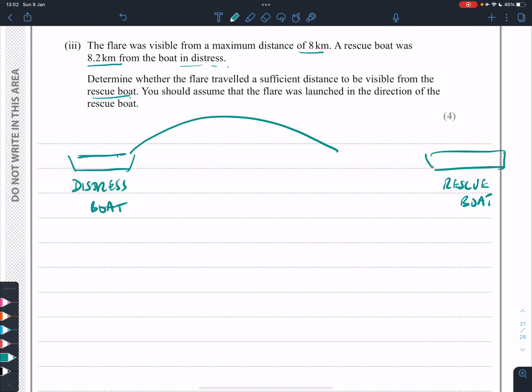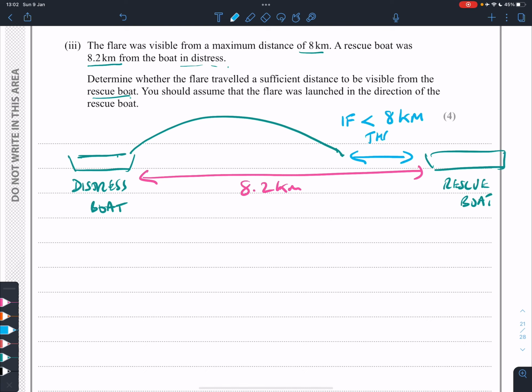What do we know? We know that this distance is a total of 8.2 kilometres. And we know that if the flare landed such that this distance here is less than 8 kilometres, then we're good. The flare is visible.